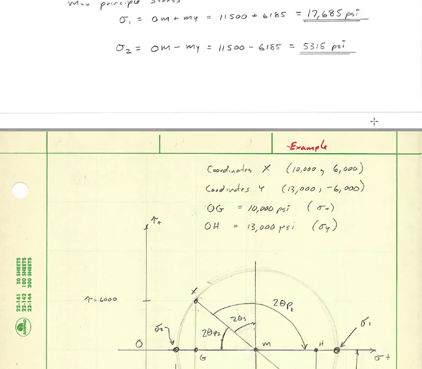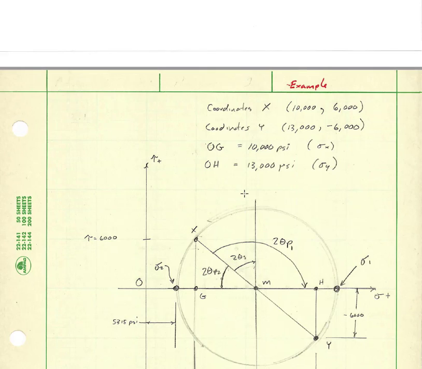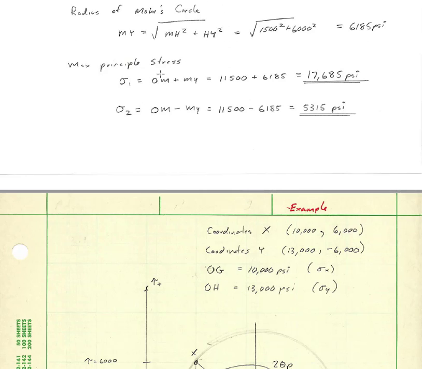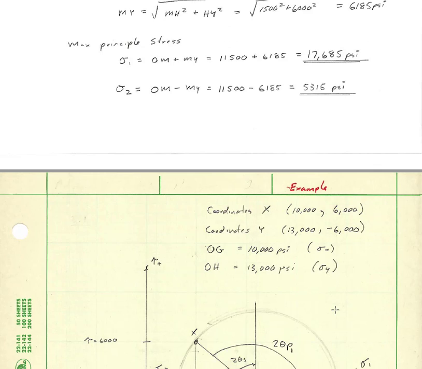Okay, so now that we know what that radius is, we can find our principal stresses, because we know the distance from O to M, and now we know the distance from M to y. If we add that distance from M to y, that gets us out here to our maximum principal stress. So O to M plus M to y gets us out on this outer radius of the circle.